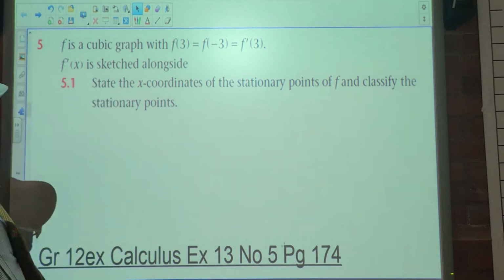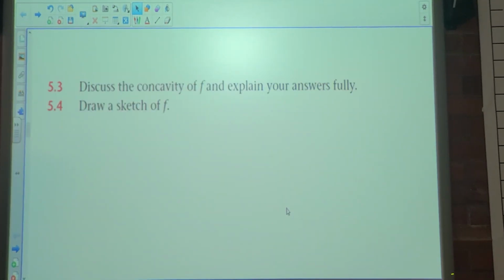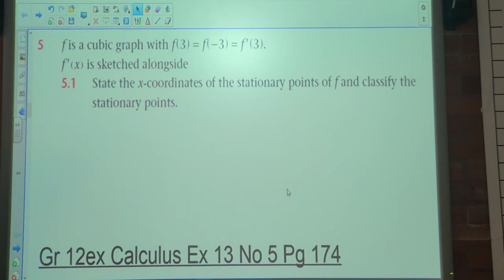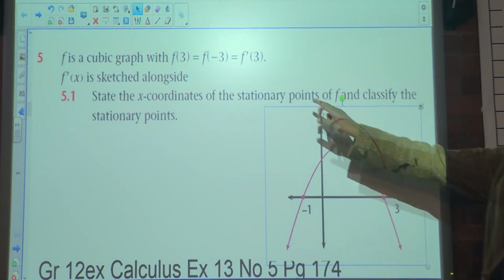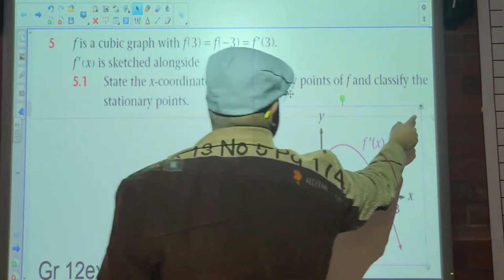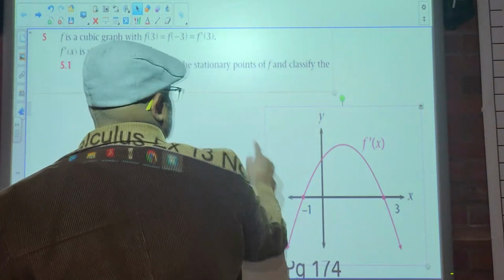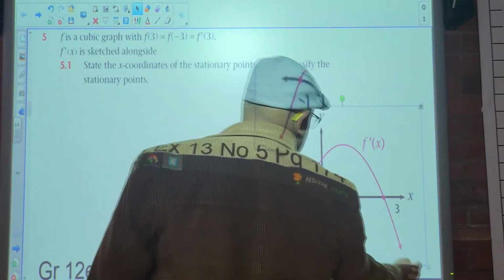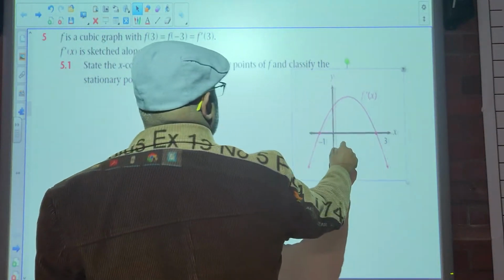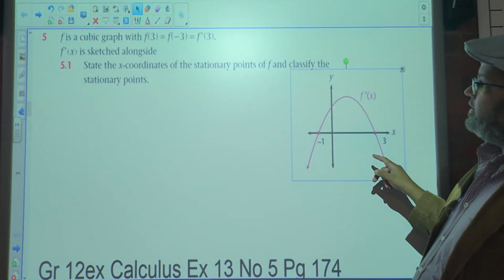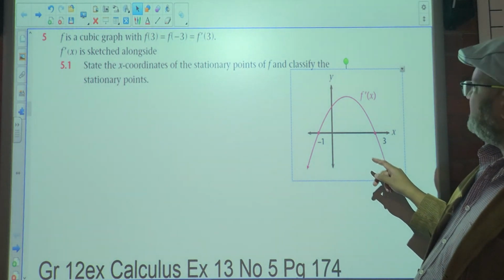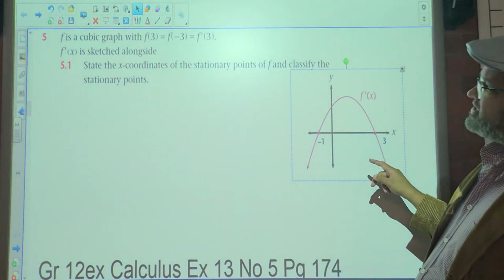Do I have the sketch here? I'm going to get the sketch. Okay, so f is a cubic graph with f of 3, f of minus 3 equals f prime of 3. F prime x is sketched alongside.